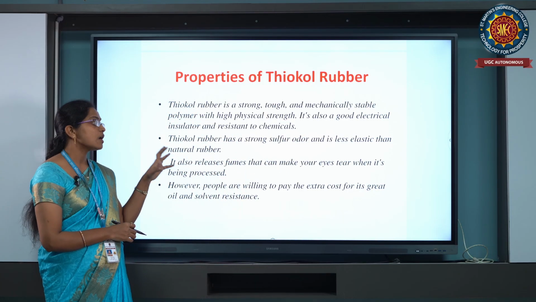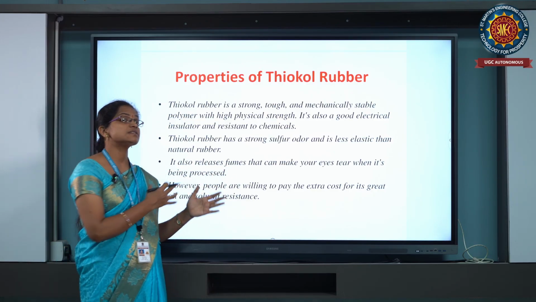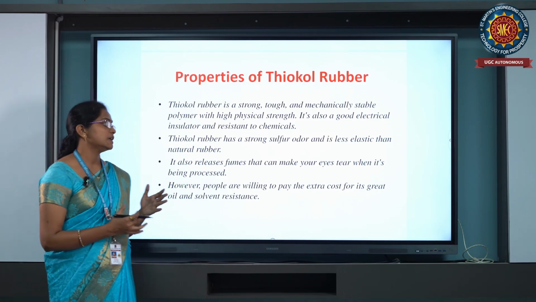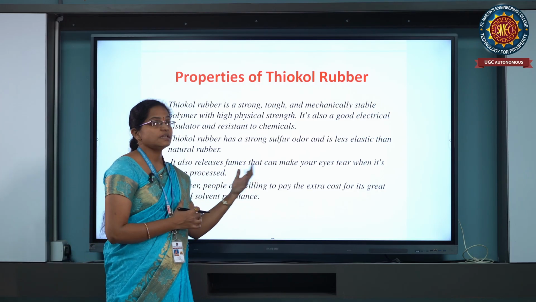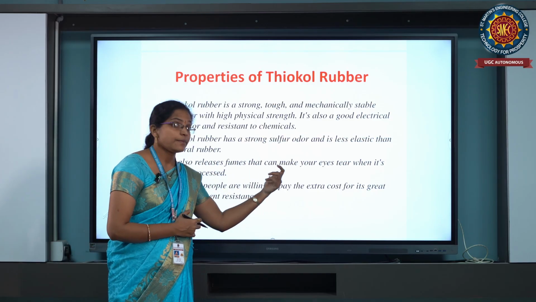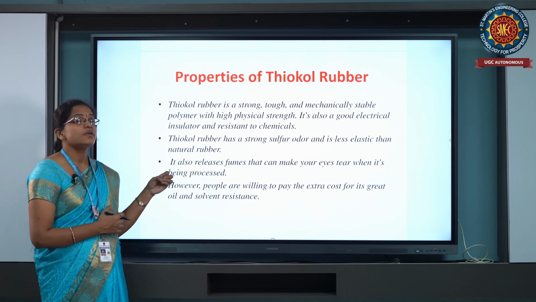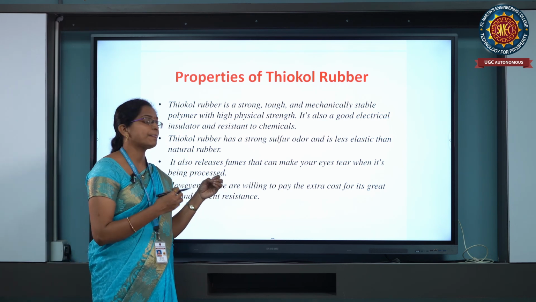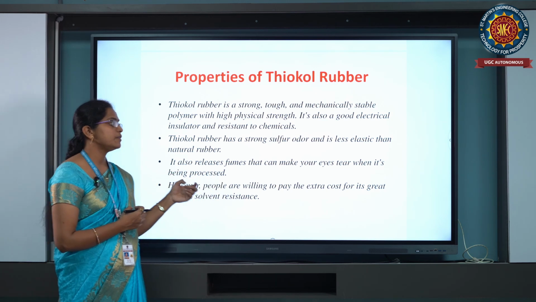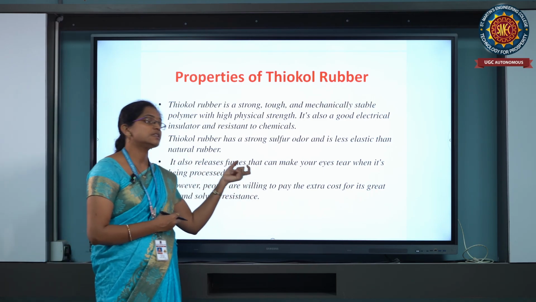Naturally occurring rubber, and from it you prepare thiokol rubber and synthetic rubbers. These synthetic rubbers are very important. This rubber can burn and irritate the eyes, so you have to prepare it very carefully and confidentially, and people are willing to pay extra cost. Why are people willing to pay extra for this rubber?